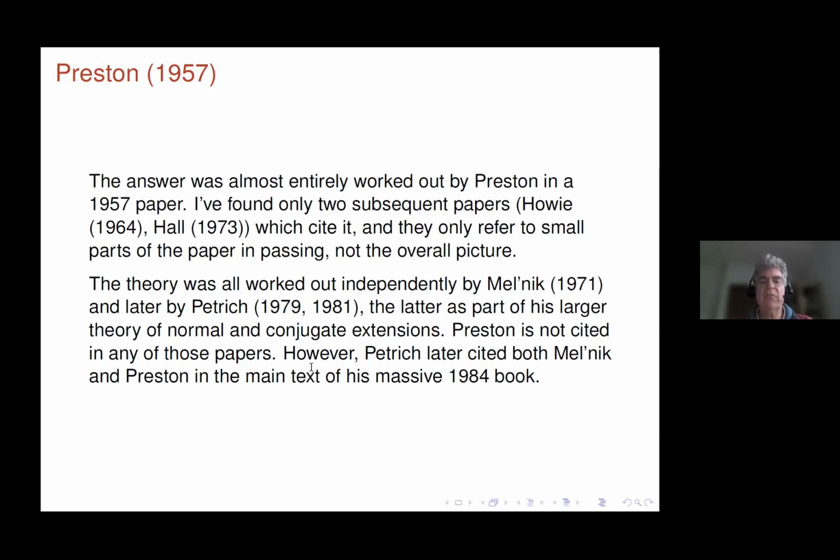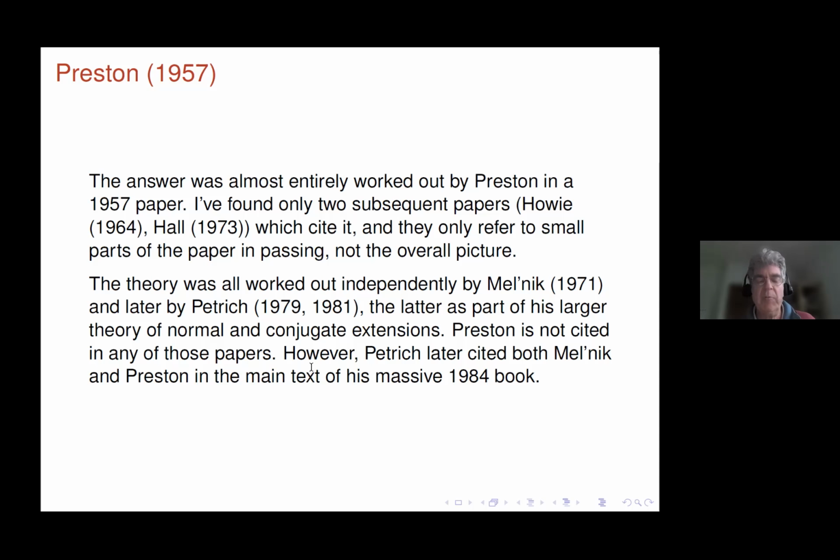And then the matter sat for a while, and then the theory was all worked out again independently by Melnik in the Russian literature, and then later by Mario Petrich in a couple of papers where he was developing the theory of normal and conjugate extensions of inverse semigroups. And Preston's paper isn't cited in either Melnik's paper or Petrich's two papers.